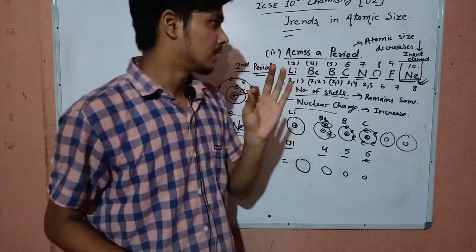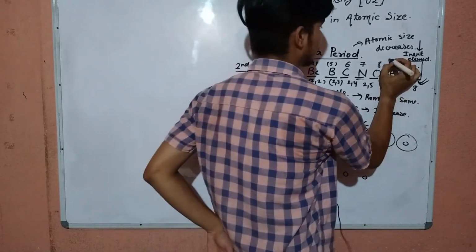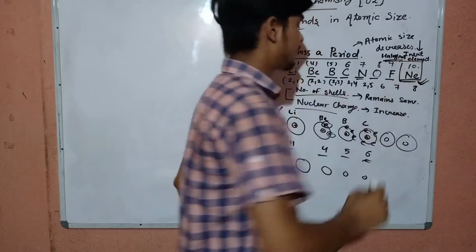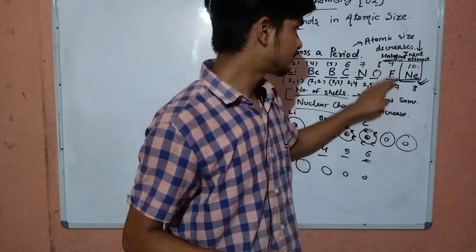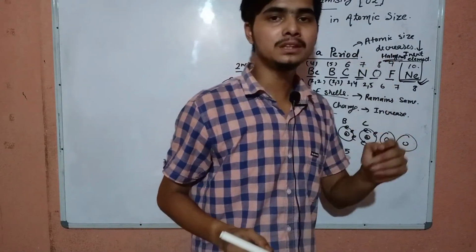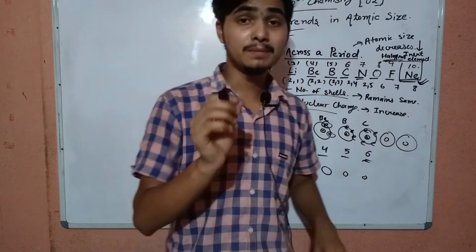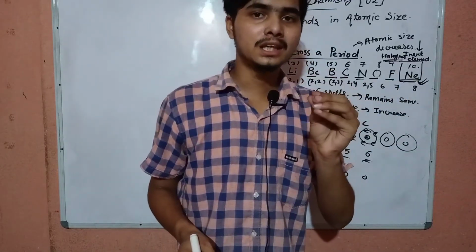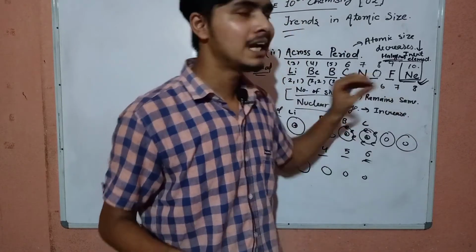So your question will be, these elements are halogens, we call these elements halogens. So fluorine, chlorine, bromine, these are halogens. The main question is why the atomic size of inert elements is bigger than that of halogens?